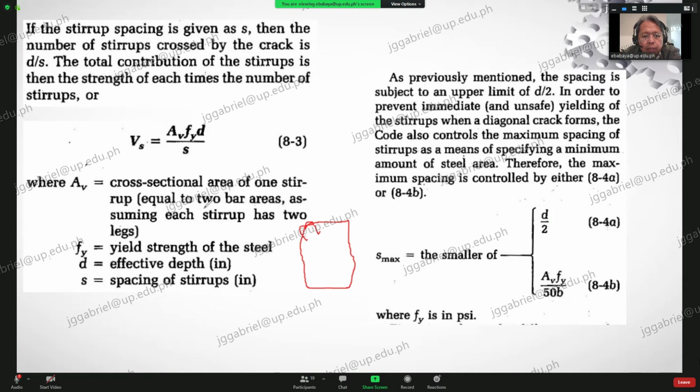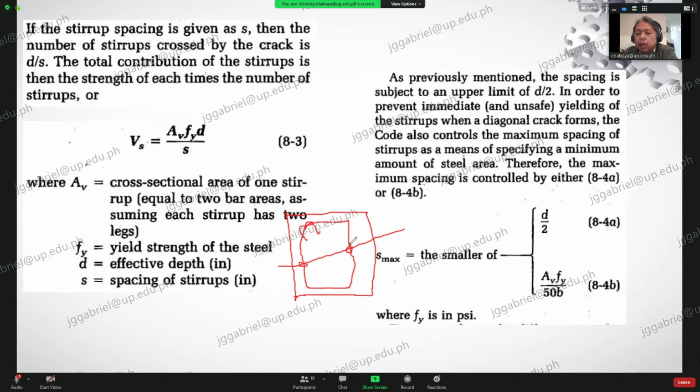Okay, assuming each stirrup has 2 legs. Paano ba nangyari yun? It has 2 legs because the section, ganyan yan, di ba? Yung cut mo kasi pag ganun eh. Okay, that's your cut mo. This is the cut section. Where it is cutting, you have 2 areas being considered. Okay?